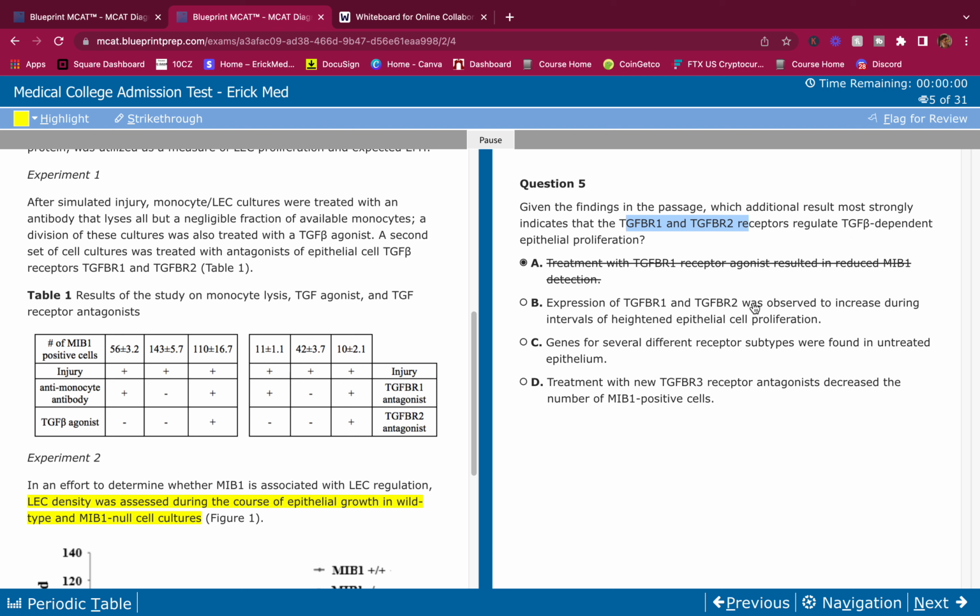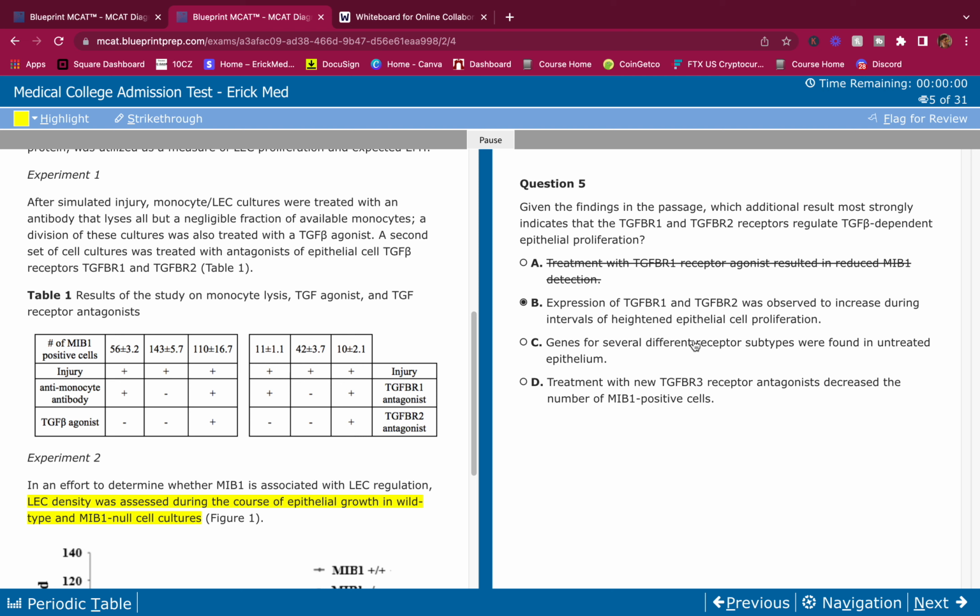If we see both of them increasing during cell proliferation, we can make the assumption that the epithelial cell proliferation is due to the TGF-BR1 and TGF-BR2 levels. That correlation would provide evidence. Hey, maybe the epithelial cell proliferation is due to the TGF-BR1 and TGF-BR2. So this is a good answer.